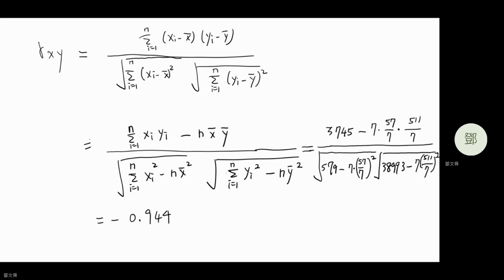And what about the strength of their linear association? Strong, very strong, because it is very close to -1. Minus means it goes in the opposite direction. So the more you are absent, the lower grade you get. Understand?